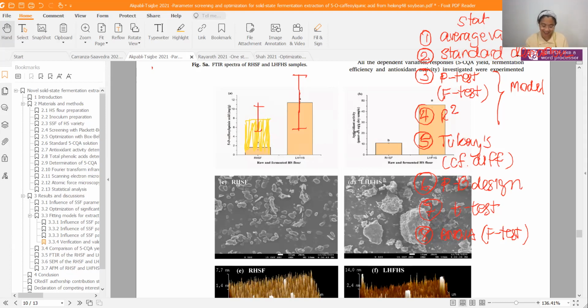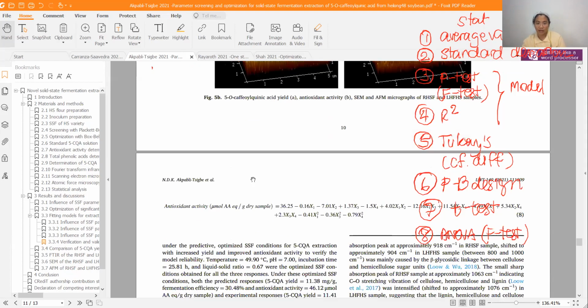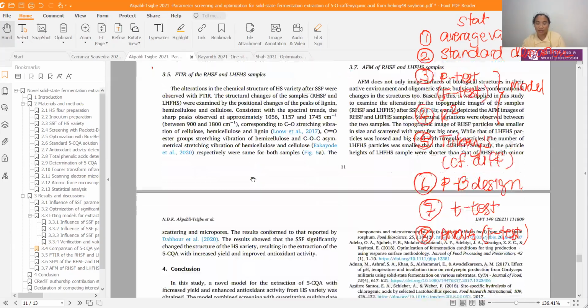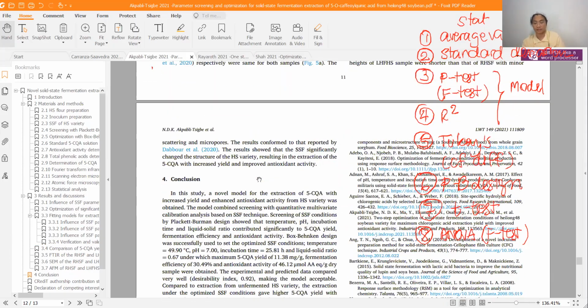So that's one thing that you probably should think about when you are presenting your results. Okay, what else? This paper has offered nothing else.